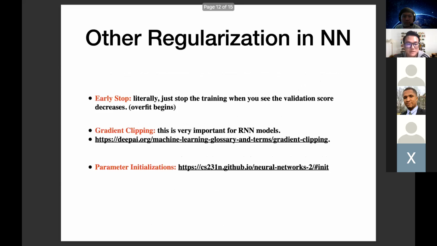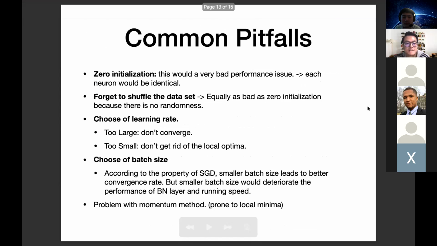There are other regularization methods in neural networks, like early stopping, gradient clipping, and parameter initialization. As Alex said before, you can use k-means initialization or other methods.